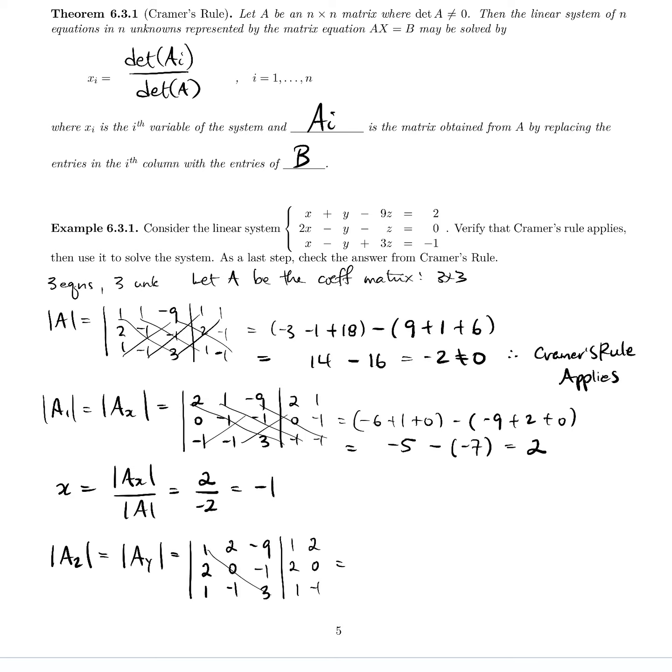So we're going to get here 0 minus 2 plus 18 minus 0 plus 1 plus 12, which is, so 16 minus 13 is 3.